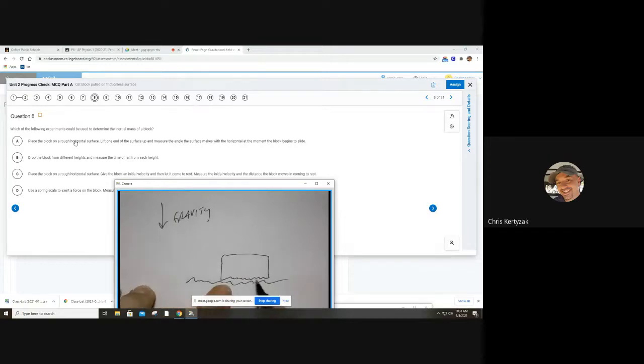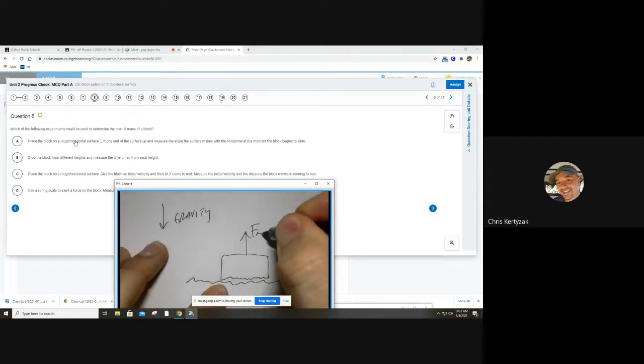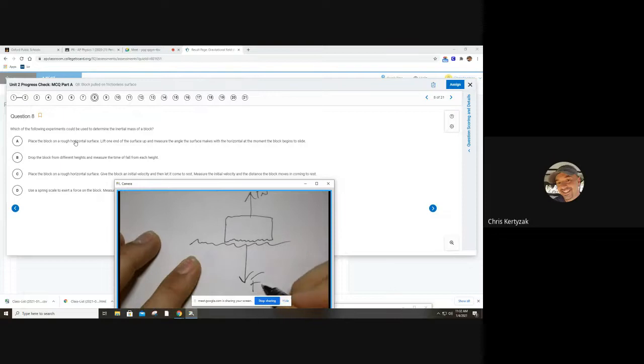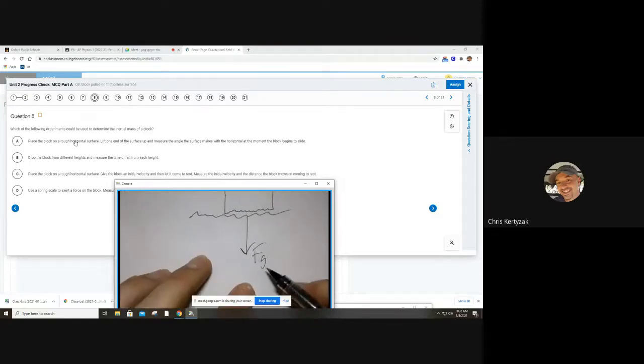And how tight, the frictional effect in here depends on the normal force, right? Depends on how tight it is inside here. But the normal force, which is a measure of how tight it is in here, affects the frictional force. The frictional force in here depends on how much pressure there is, right? Well, how much pressure there is is actually affected by the weight, which is related to the gravitational mass.